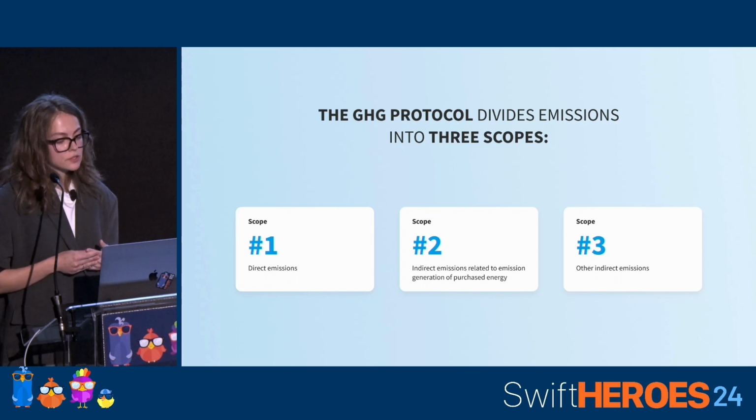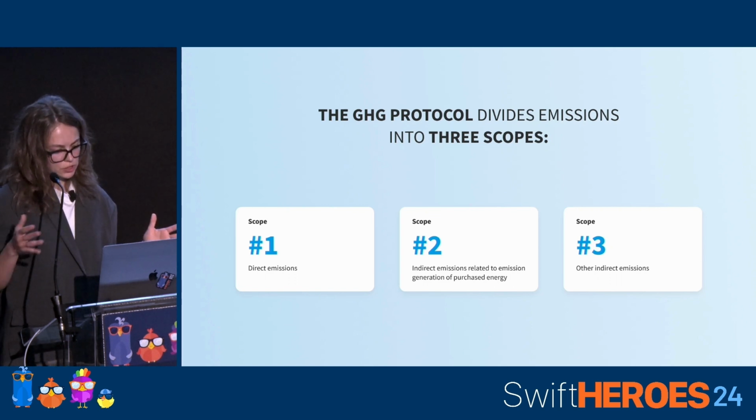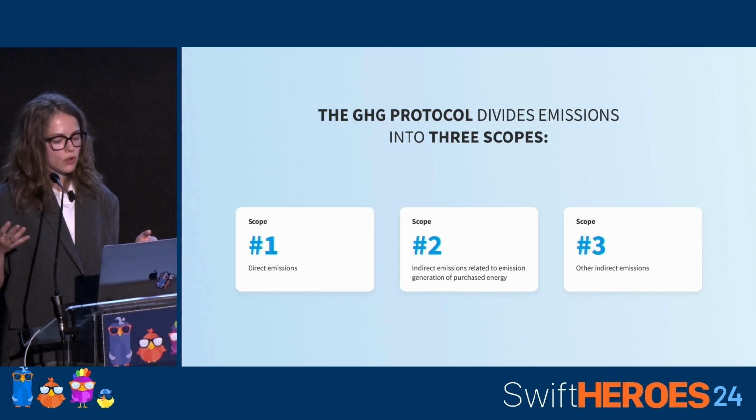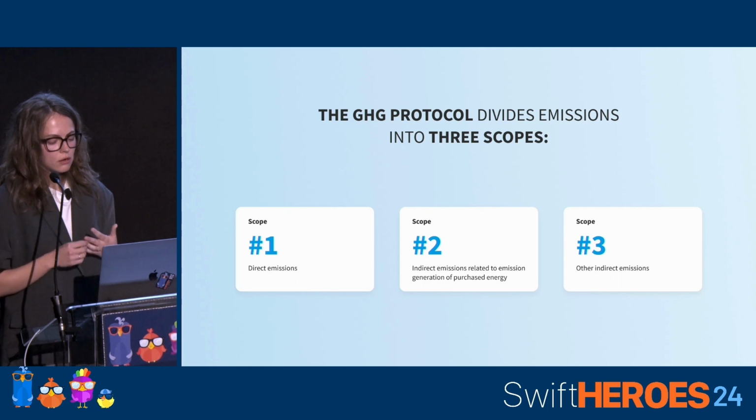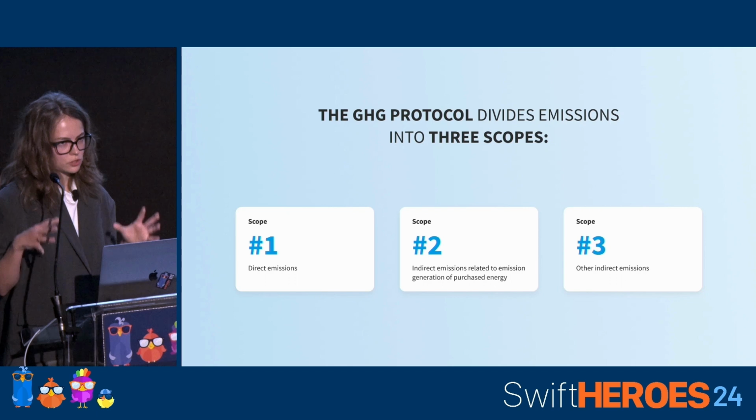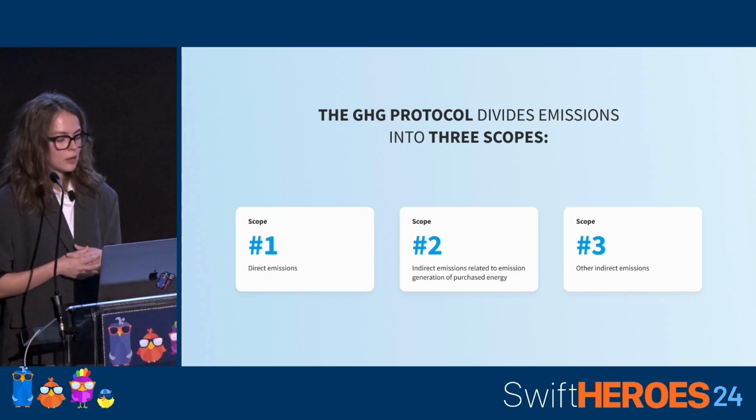The GHG Protocol measures total emissions. So to calculate overall software carbon emissions, you need detailed data on energy usage, carbon intensity, and the hardware on which the software actually runs, which is hard to find out sometimes.